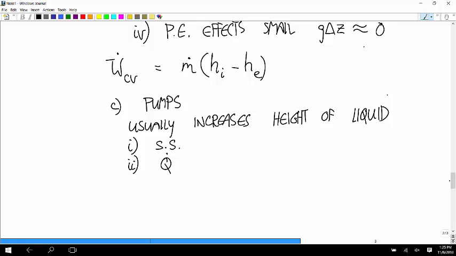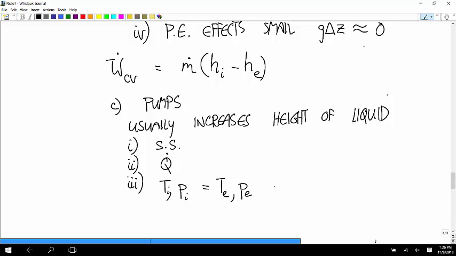What about W dot? Yeah, we need that because that's the electrical power coming into the pump or the compressor. We're usually going to assume that temperature and pressure at the inlet are the same as temperature and pressure at the exit.